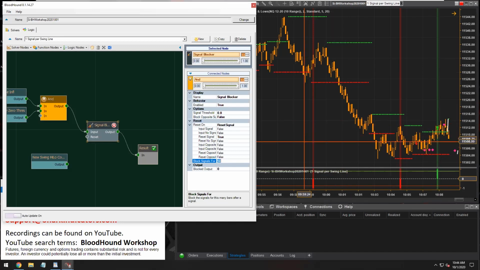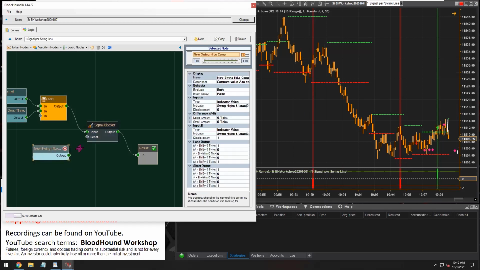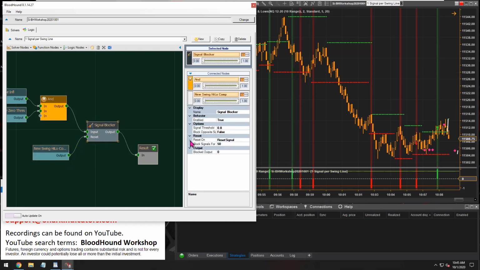However, we want to be able to reset the signal blocker when a new swing low or a new swing high occurs. And so we're going to use the reset input here to do that. So let's connect that in. And let me make sure I have my resets correct here. And yeah, we just want reset signal.